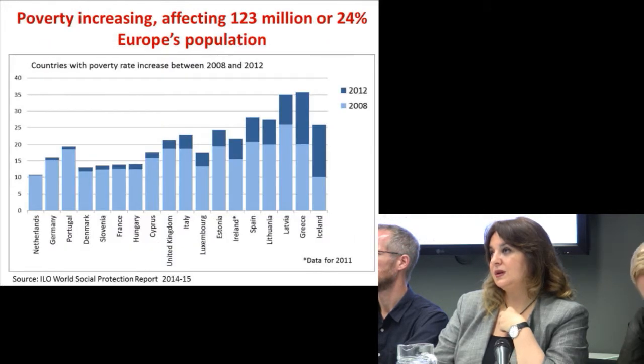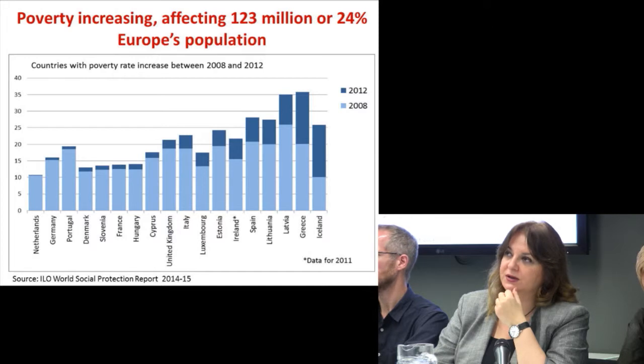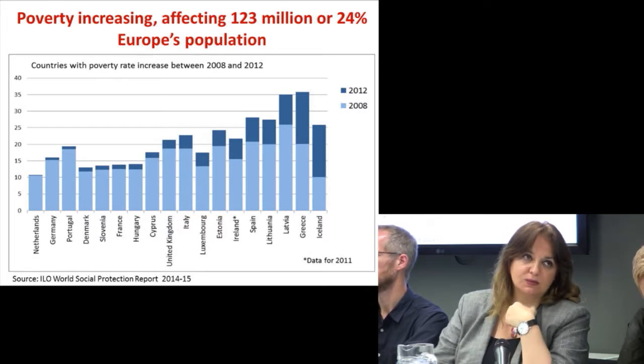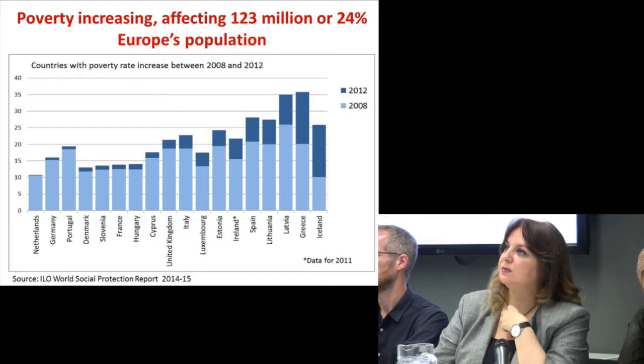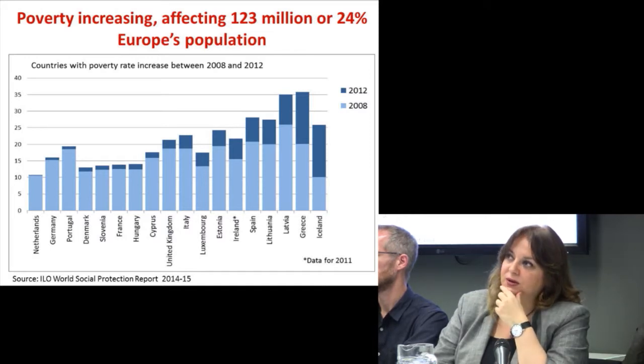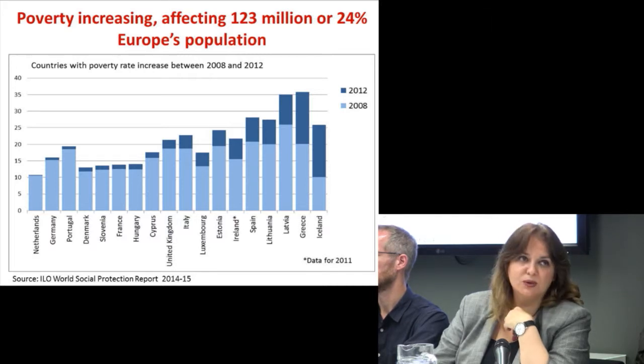And if we look at the impact of these fiscal consolidation measures with the aggregated impacts of low employment in Europe, we see that poverty is affecting at the moment 123 million of the European population. This is a quarter of all the European population.